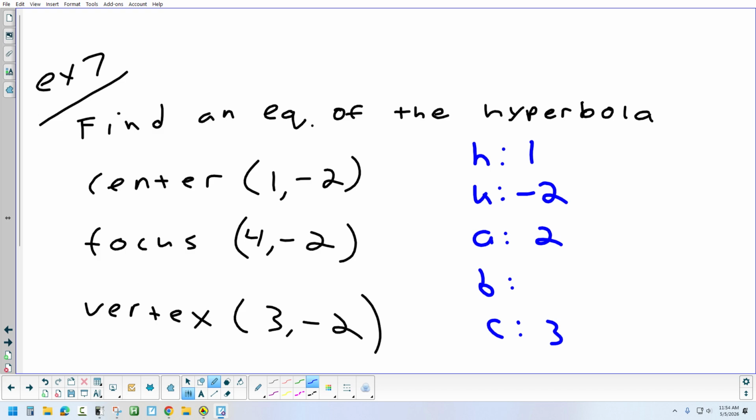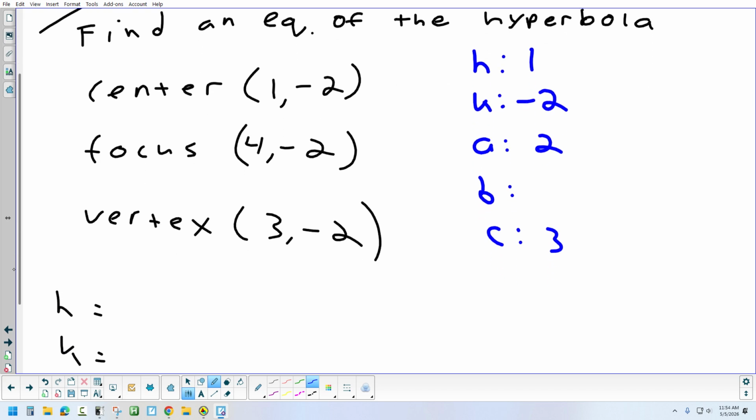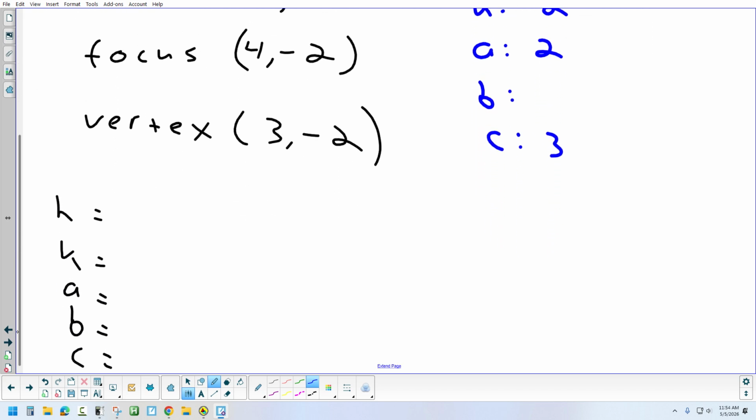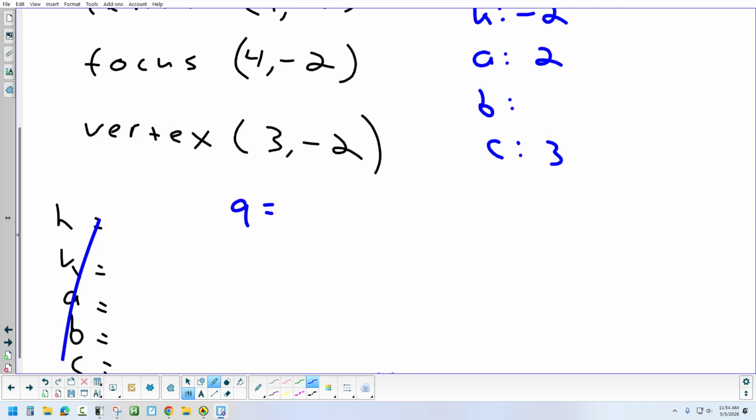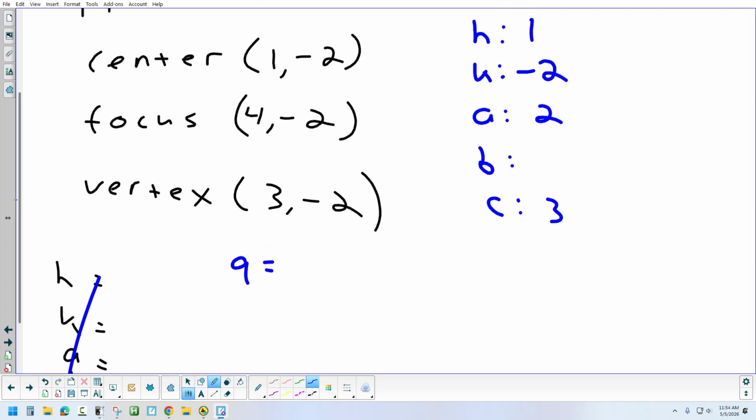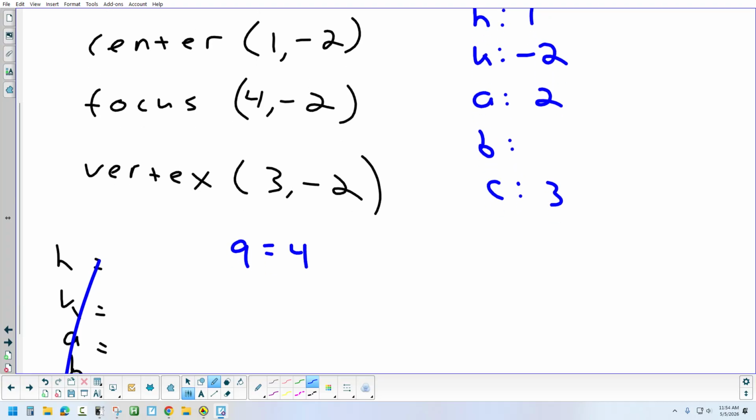One more letter we need is B, and we'll get that with something that looks like the Pythagorean theorem. Well, it's not actually the Pythagorean theorem, it just looks like it. So C squared equals A squared plus B squared. What is B? Yep.